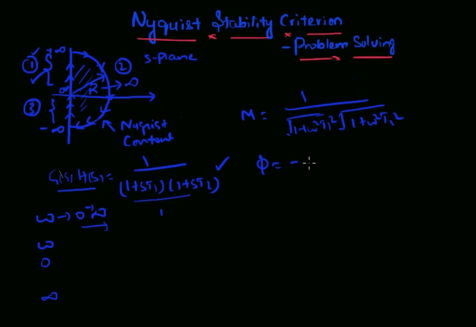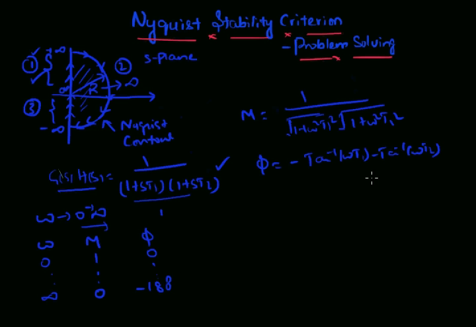And phi is going to be minus tan inverse of omega T1 minus tan inverse of omega T2. Fine. Now, if you take omega from 0 to infinity, the magnitude and phase values will be 1 and 0, and phi is going to be 0, and it goes to minus 180 degrees.